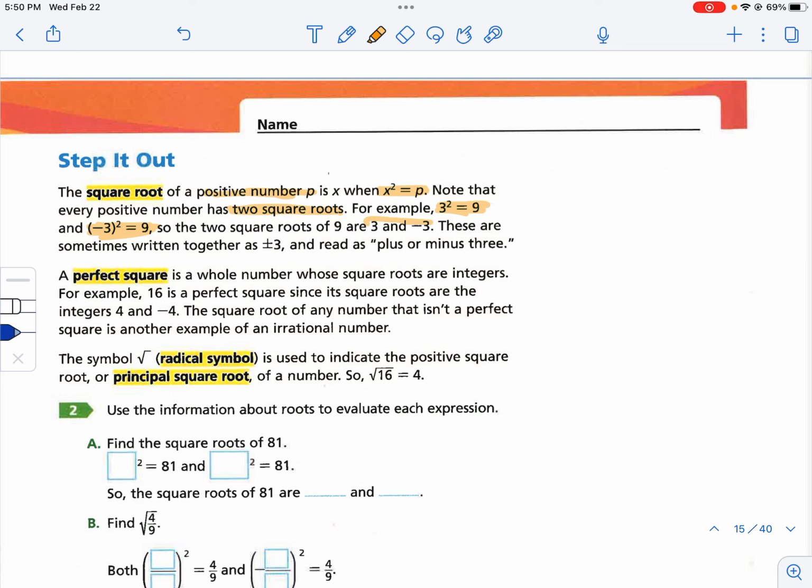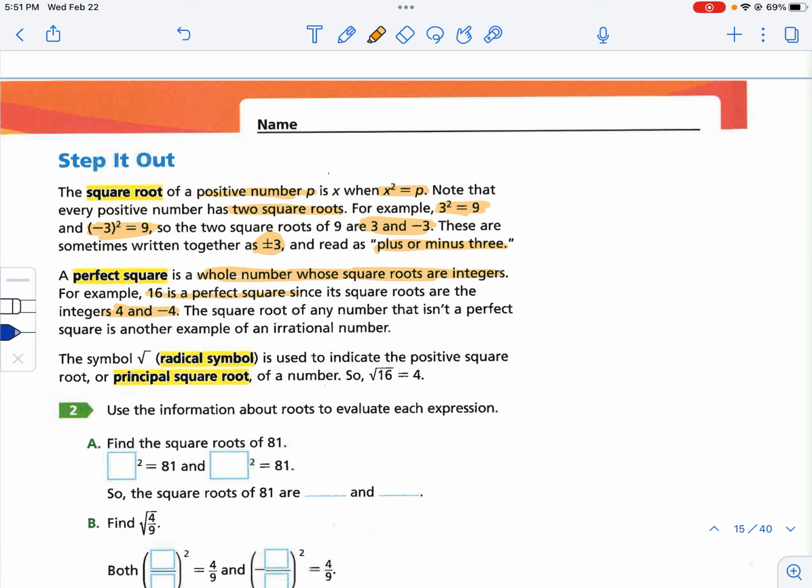So the roots, the answers, are 3 and -3. It can also be written as plus and minus 3. A perfect square is a whole number whose square roots are integers. Okay, so 16's square roots are 4 and -4.